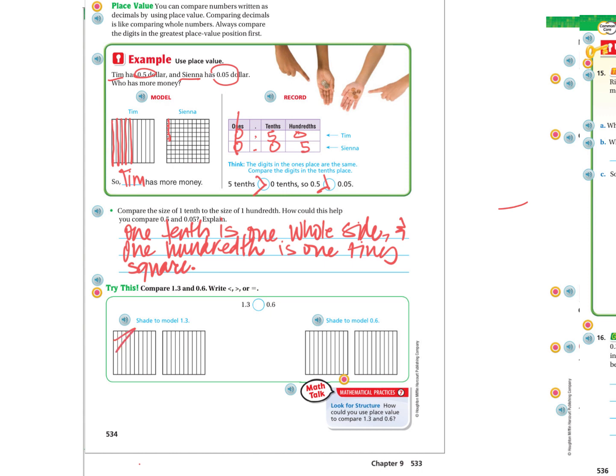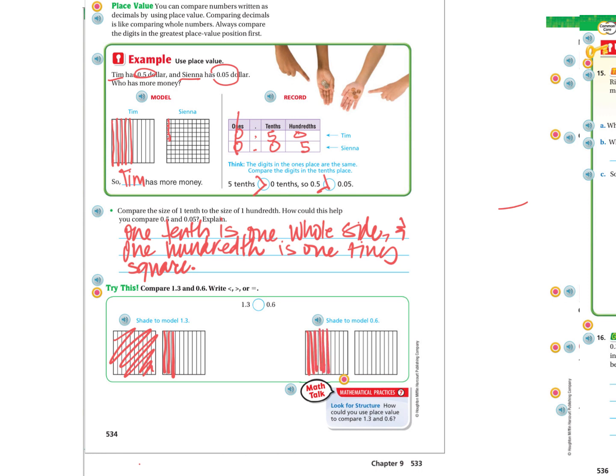So one whole, shade the 1 whole, and 3/10. So we've got 1, 2, and 3. So we're going to compare this number to 6/10.